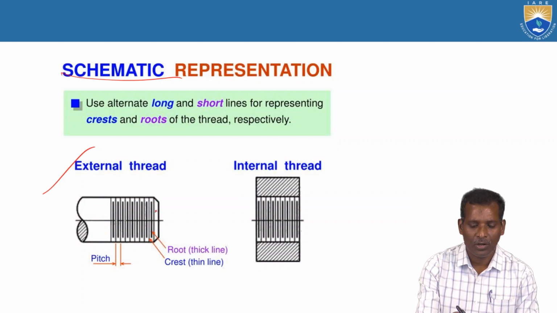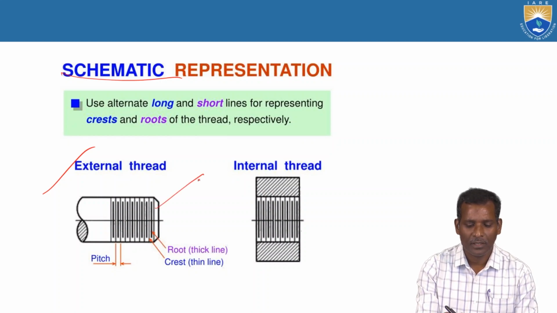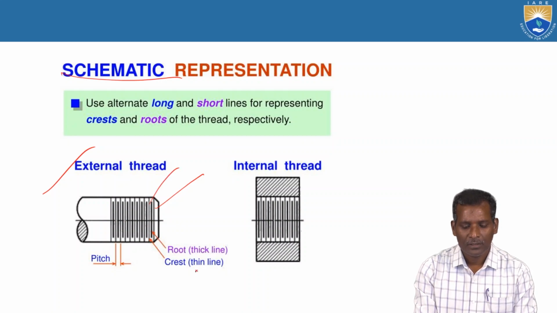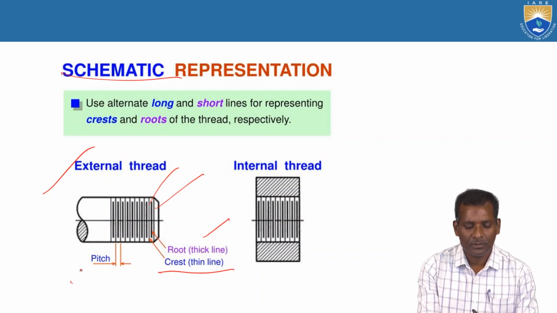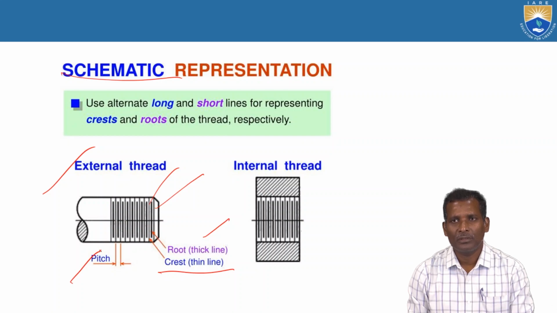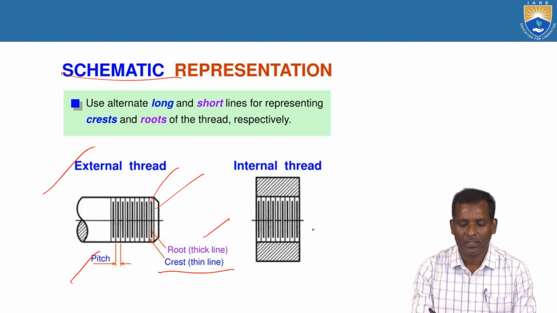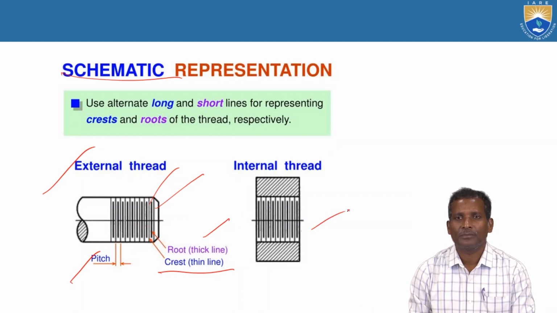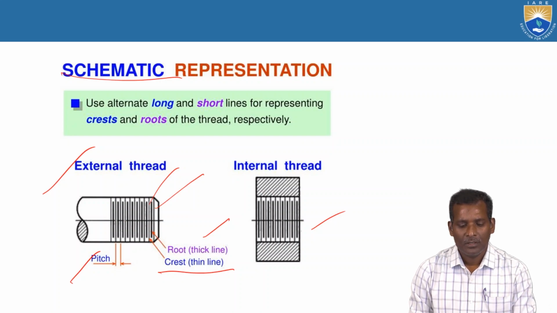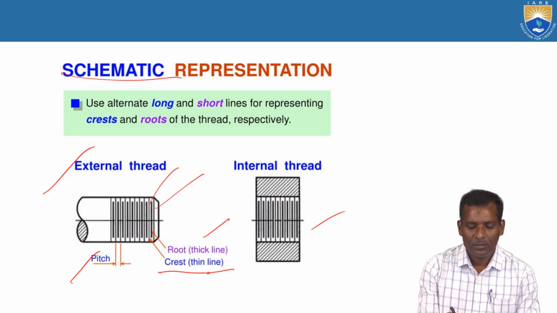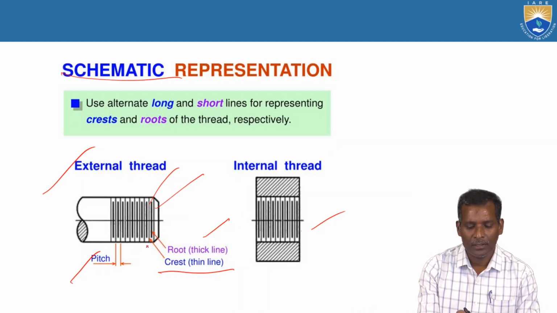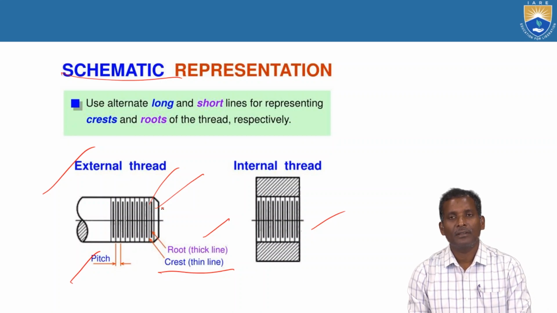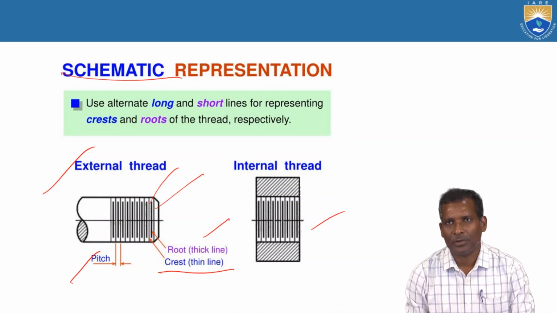One is a long thin line and a short thick line. The short lines are roots, the long lines are crests. The distance between threads is the same. Similarly, in case of internal thread also, the thick line represents the root portion, and the long thin line represents the crest portion.